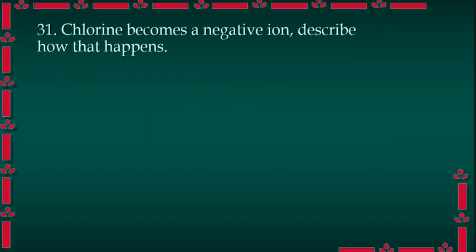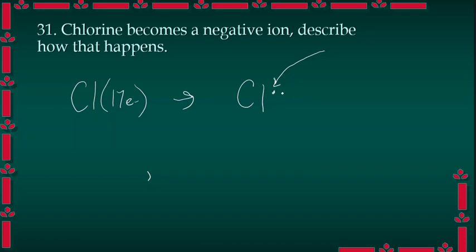All right, chlorine. 17 negatives. What if chlorine gains an extra electron, so now it has 18 electrons? What is the charge on chlorine? Oh no, I have an extra pimple.